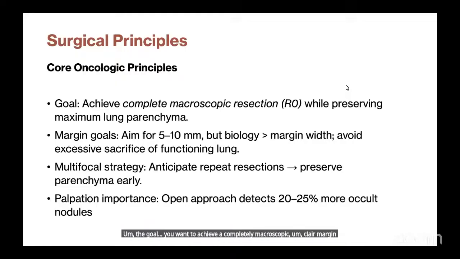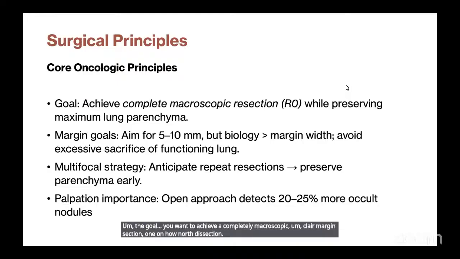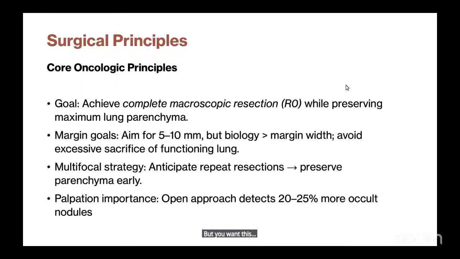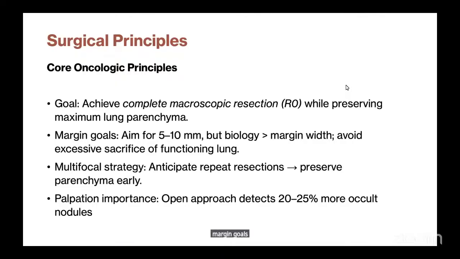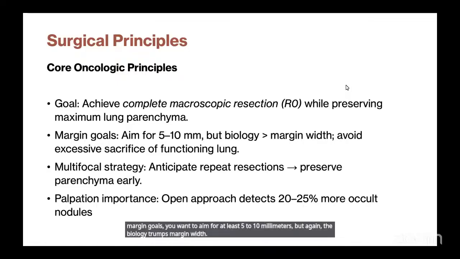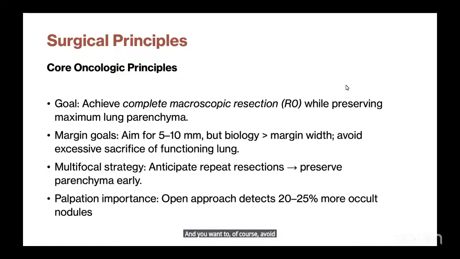You want an R0 resection. But you want this with clear consideration of preserving your maximal lung parenchyma, because of course you want to preserve your pulmonary reserve. Margin goals, you want to aim for at least 5 to 10 millimeters, but again, the biology trumps margin width. And you want to, of course, avoid excessive sacrifice of the functioning lung.